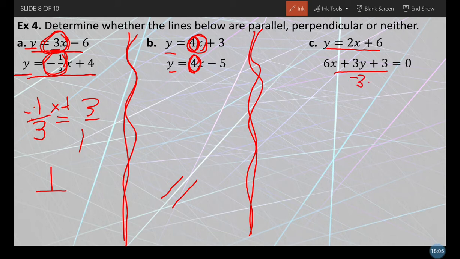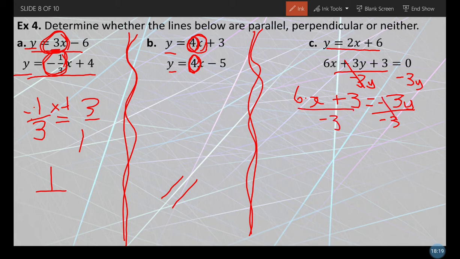So what I would do is subtract 6x from either side, so I'd be left with 3y plus 3 equals -6x. Then subtract 3, and I would divide by -3 on either side. So -6x divided by -3 is a -2x, and -3 divided by -3 is a -1, which equals y.